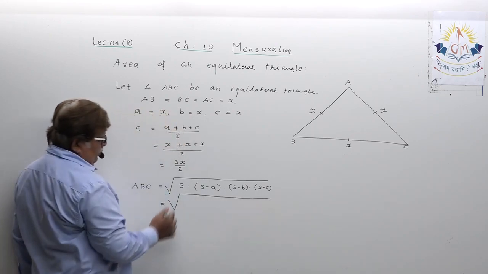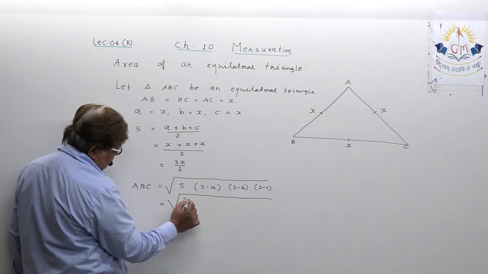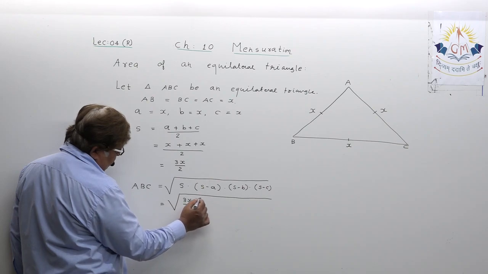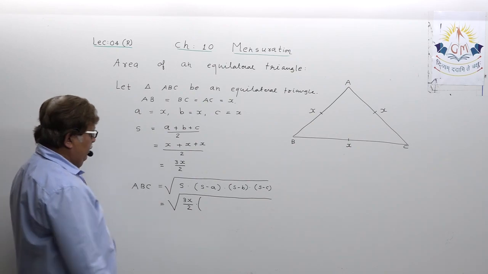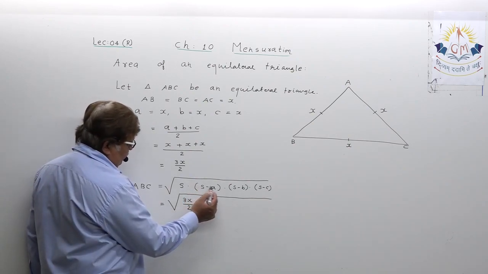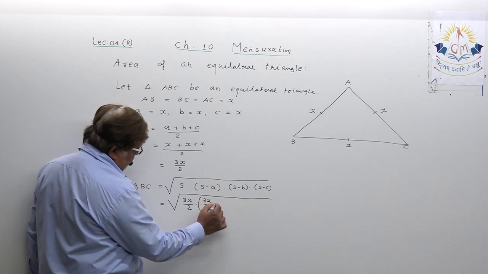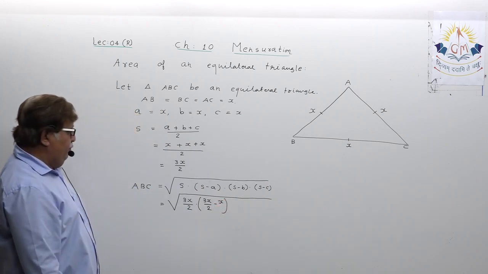Okay, be conscious, semi-perimeter S is 3x upon 2. Now look here, S minus A: 3x upon 2 minus x, be watchful.